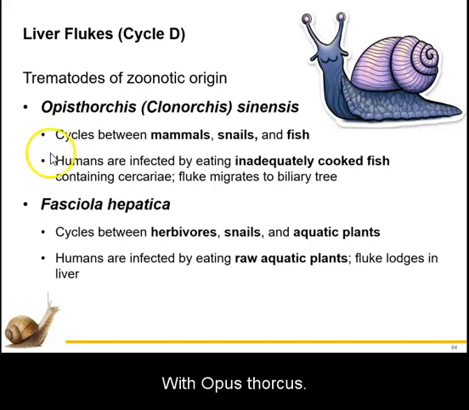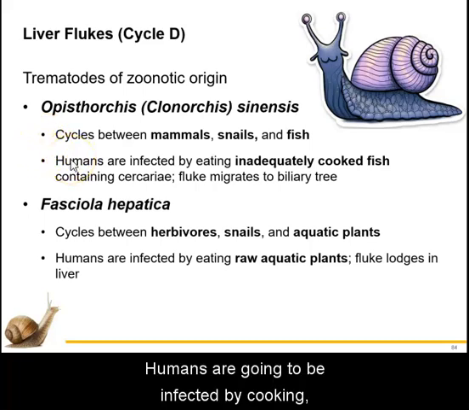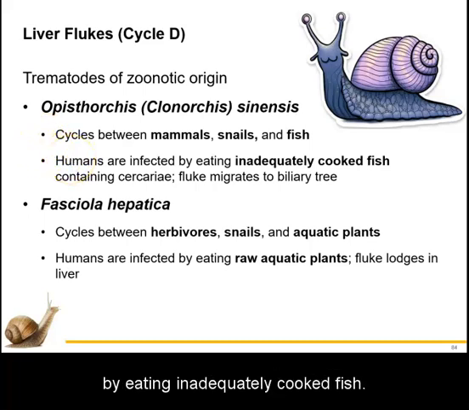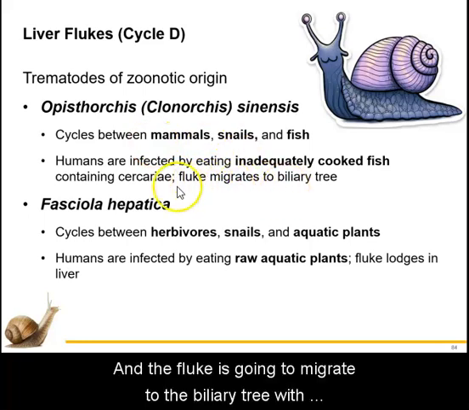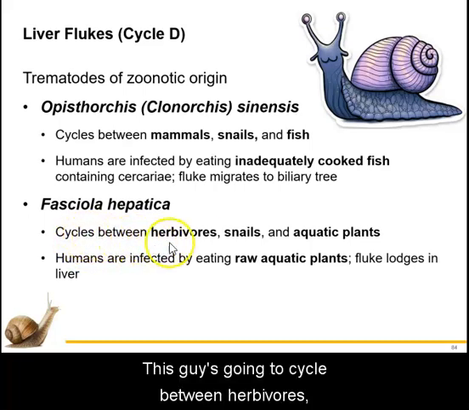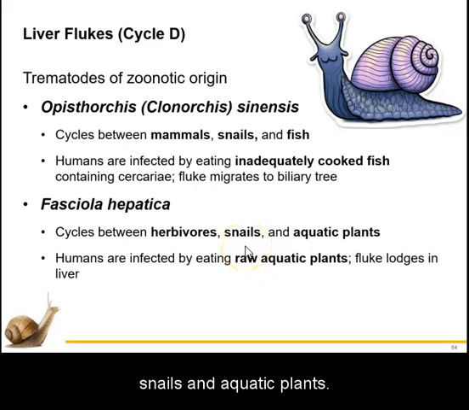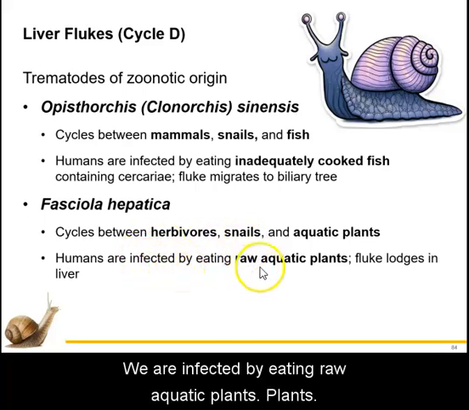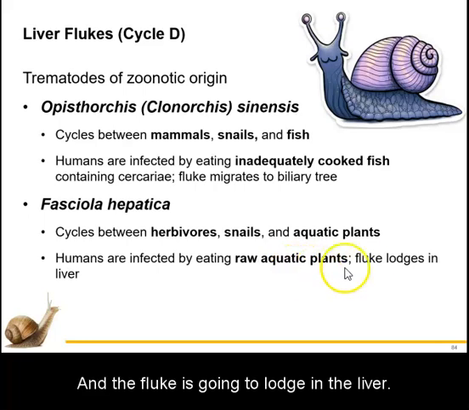With Opisthorchis, humans are going to be infected by eating inadequately cooked fish, and the fluke is going to migrate to the biliary tree. With Fasciola hepatica, this guy is going to cycle between herbivores, snails, and aquatic plants. We are infected by eating raw aquatic plants, and the fluke is going to lodge in the liver.